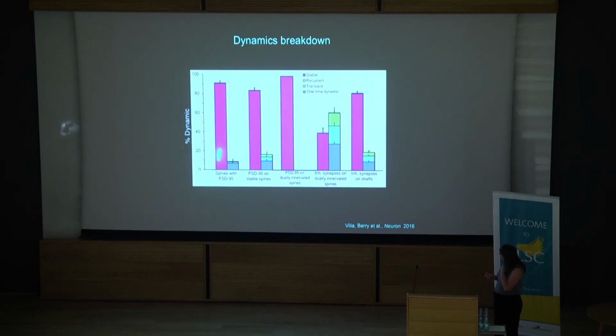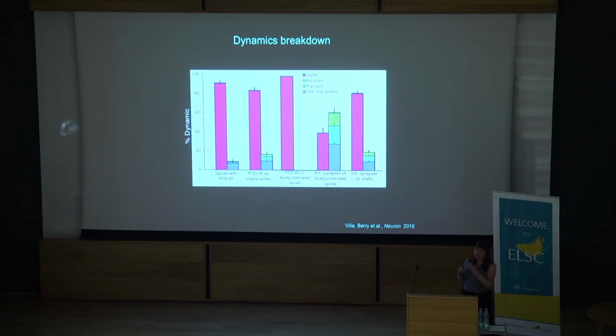And here we have the spines without the PSD95, and then we also have the PSD95 on stable spines, and the PSD95 on dually innervated spines. And again, you see that these dually innervated spines are not just stable themselves, but the PSD95 on these spines never comes or goes. And then you see here the inhibitory synapses, which overall are much more dynamic, but also have this large recurrent category.